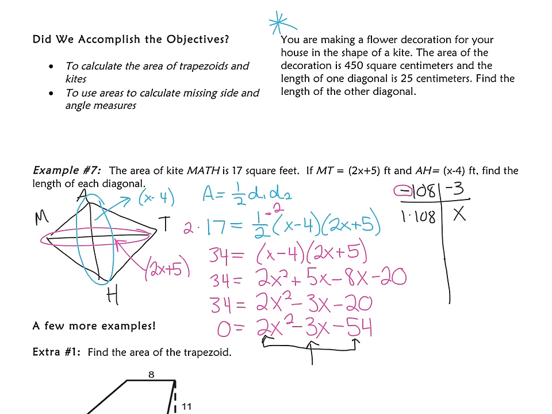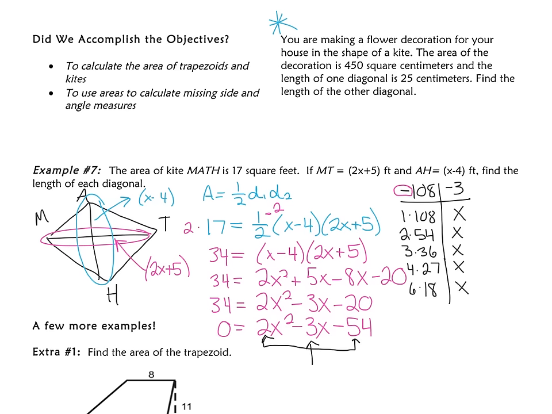But in any case, 1 times 108, no combination. If I make one negative or 108 negative, that's not going to give me negative 3. So let's keep going. 2 goes into 108 54 times, not going to work. 3 goes into 108 36 times, that's not going to work. 4 goes into 108 27 times, no sum of those is going to equal negative 3. 5 doesn't go in. 6 does go into 108, and it goes in 18 times.